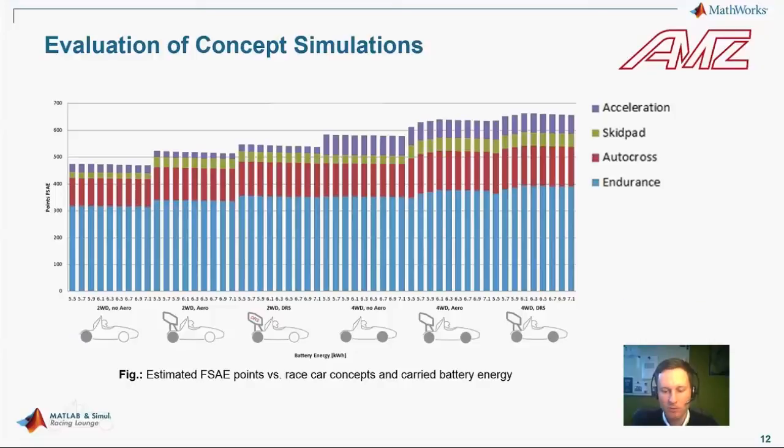Okay, perfect. And what we basically see here is that with our parameters in our simulation, for the low performance concepts, we get decreasing points with more accumulator. So basically the car gets heavier, but it can't use the energy.